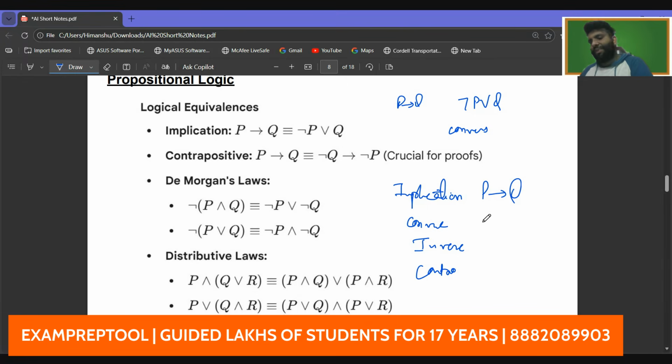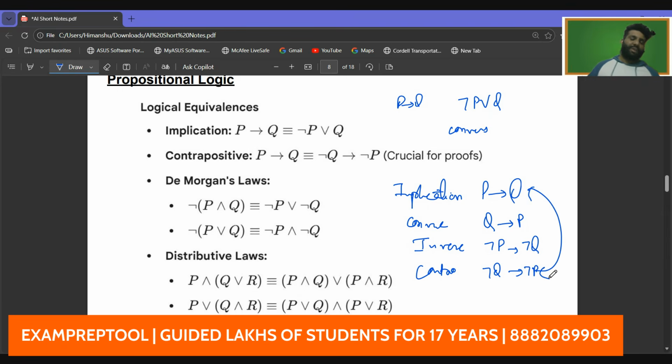The converse of P implies Q is Q implies P. The inverse of P implies Q is negation of P implies negation of Q. And the contrapositive is actually a combination of converse and inverse, so negation of Q implies negation of P. And we know these two are always the same.